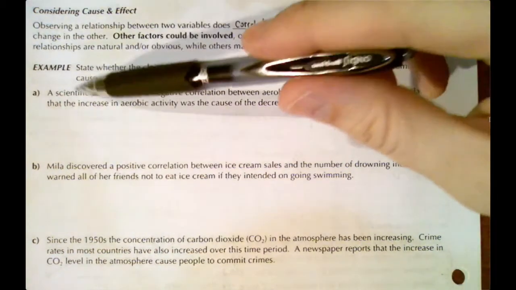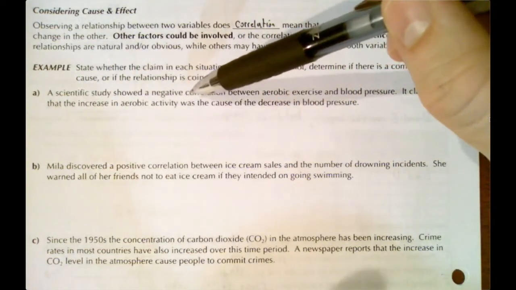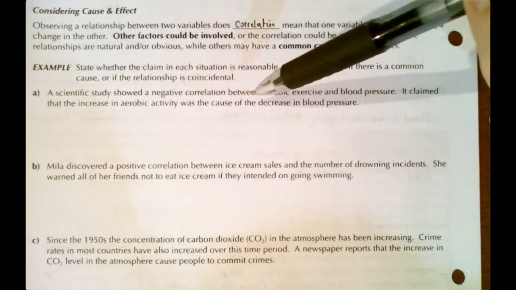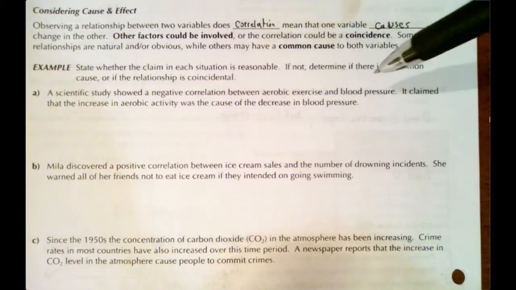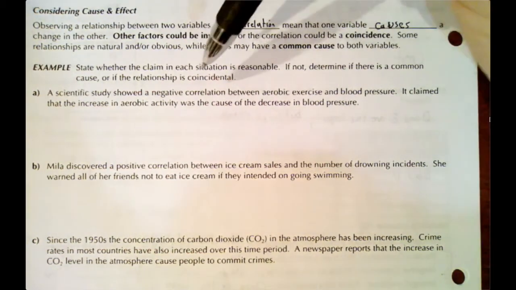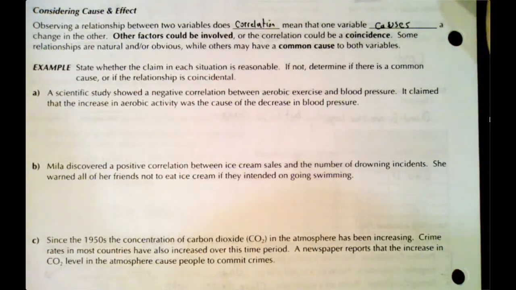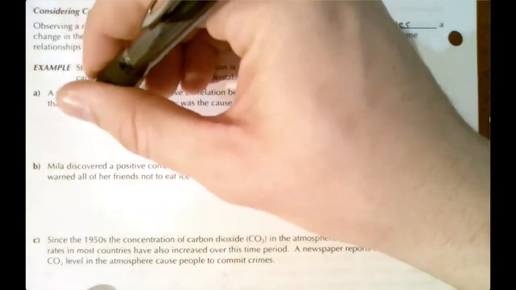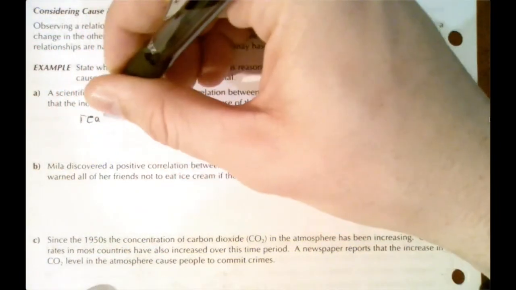It claimed that if you increase aerobic activity, that would cause a decrease in blood pressure. I don't know why this was so hard to read. Anyways, basically, the scientific study said that if you work out, that caused a decrease in blood pressure. Is that reasonable? Potentially. This is a reasonable cause and effect.